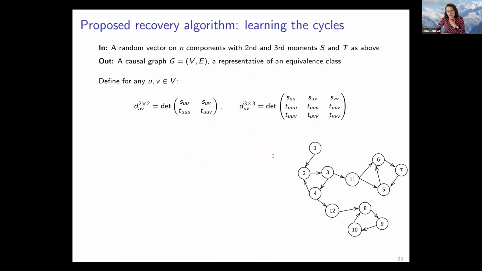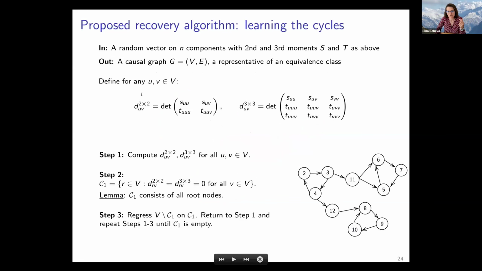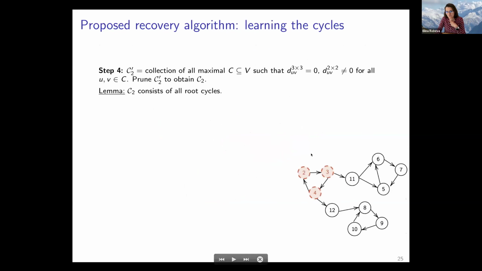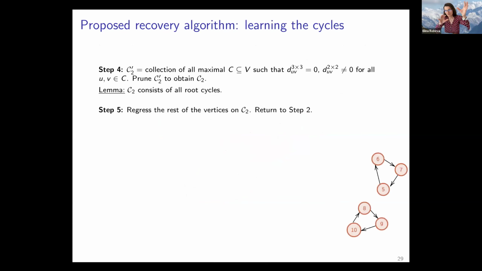But basically, we can identify root cycles or root nodes by algebraic constraints, which are just 2 by 2 and 3 by 3 matrices that we have to check the rank of. We can do this successively until we have identified all of the strong components and their topological ordering.